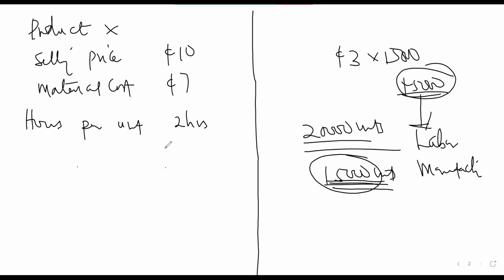How do we calculate the throughput accounting ratio? You ask yourself, what is our throughput contribution here? That will give us 10 minus 7, which is $3.